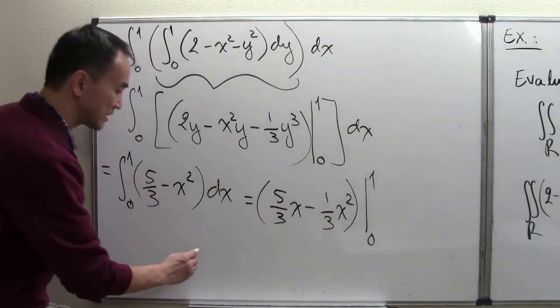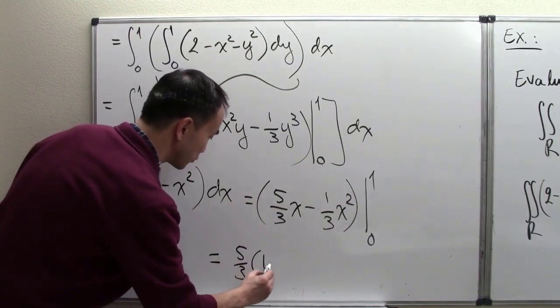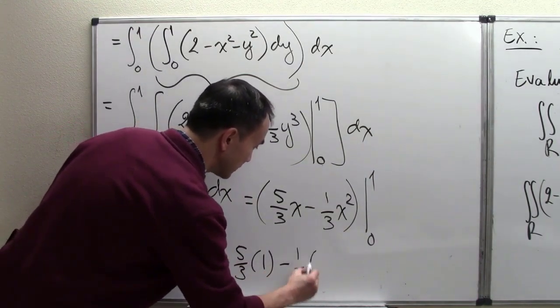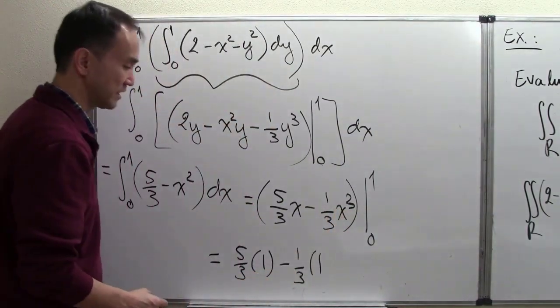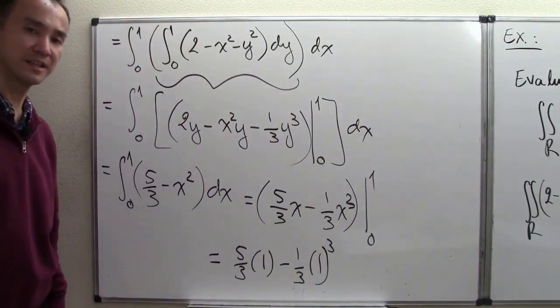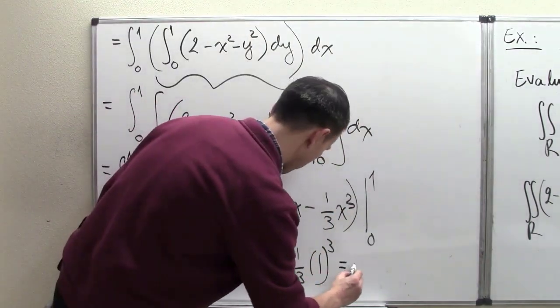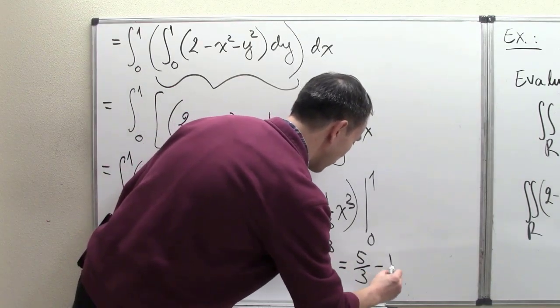And so that means now we're going to do 5/3 times 1 minus 1/3 times, and by the way, there should have been a cube there, so times 1 cubed. All right, and so now that gives me 5/3 minus 1/3.